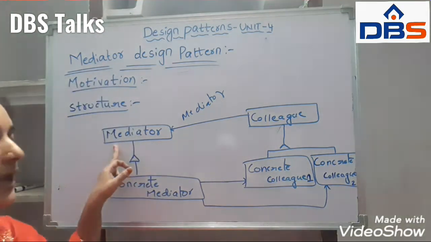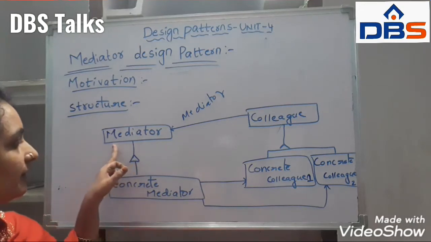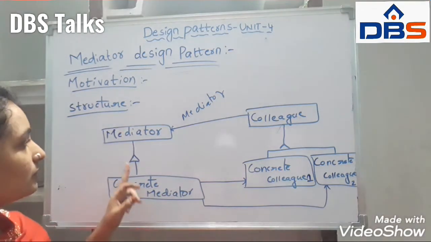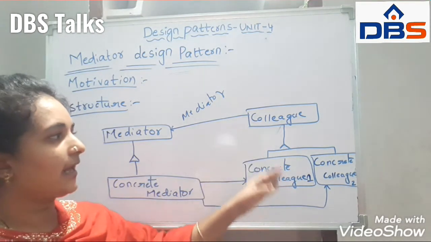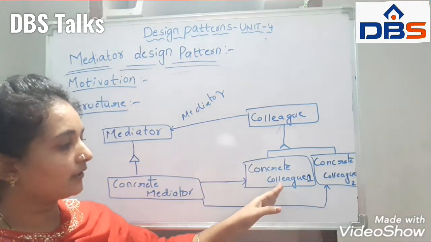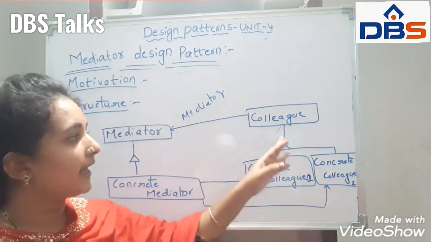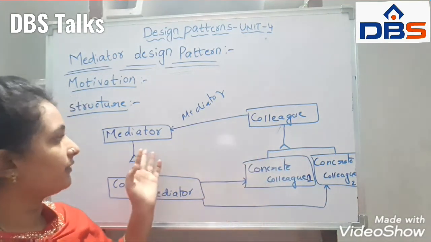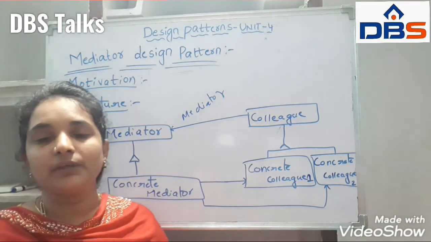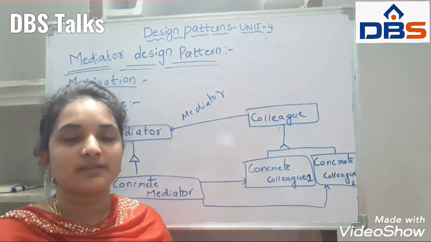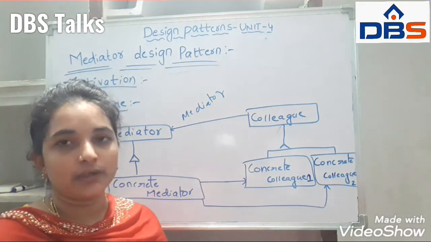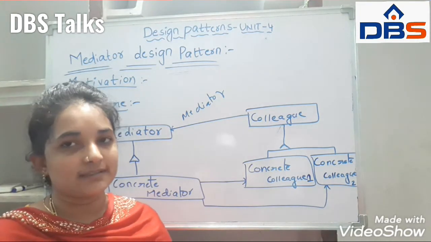Here I am using the mediator, and this mediator has the concrete mediator. Whatever objects we have, colleague or concrete colleague 1 and 2, they all communicate with the mediator, and the mediator will route that message and pass it to the destination. This is called the structure.